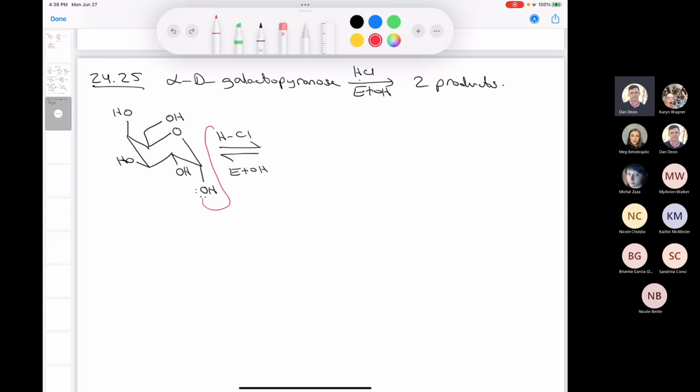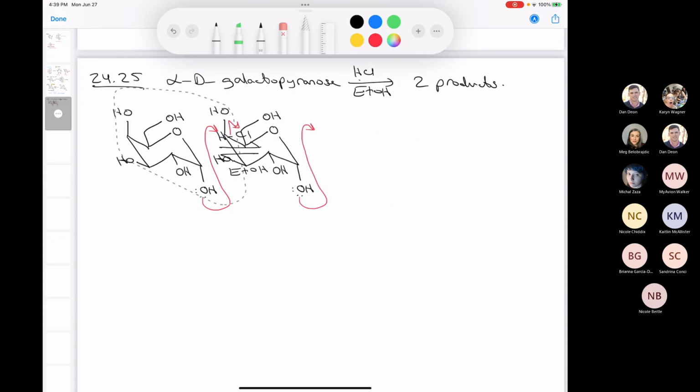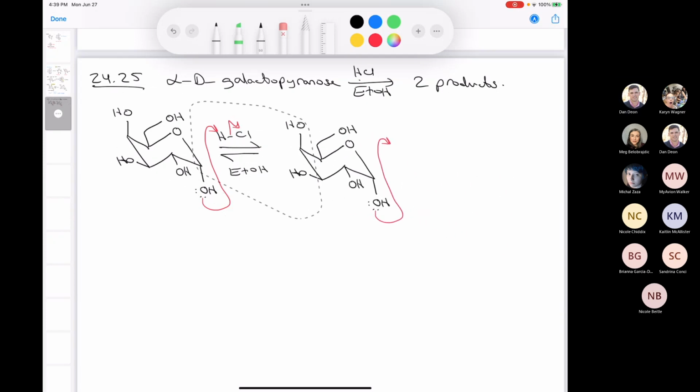So we're going to do a proton transfer with our strong acid, and that is going to give us the protonated form, which looks like this. So we're going to have OH2 plus. So now this is a very good leaving group. So it's going to leave.